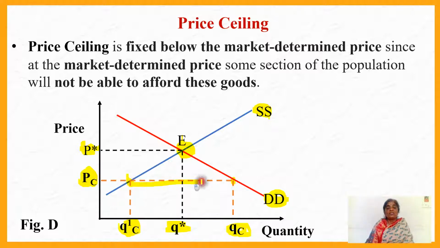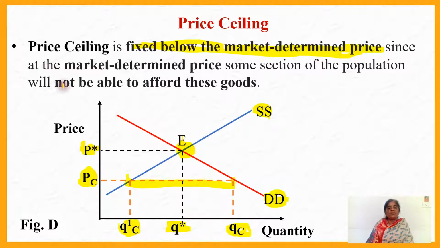We have studied this situation: it is nothing but excess demand. Therefore, price ceiling is fixed below the market determined price. That is very important to notice, because price ceiling is always fixed below the market determined price.